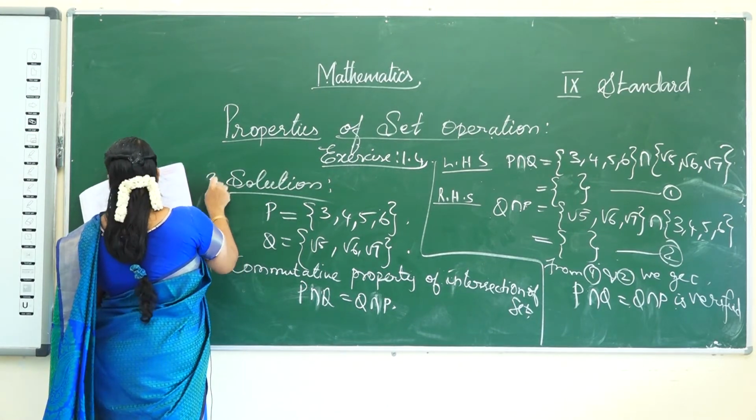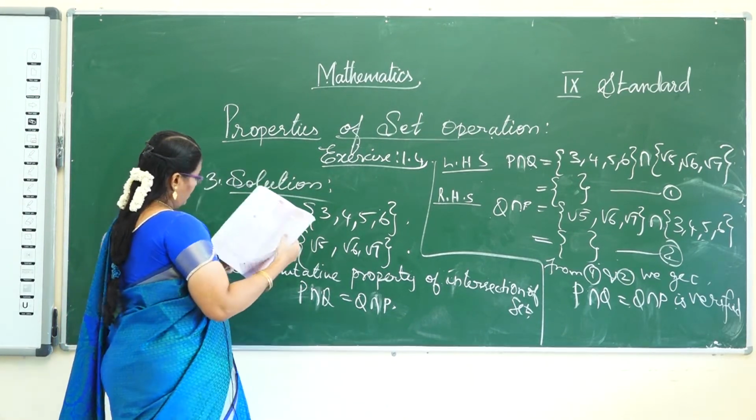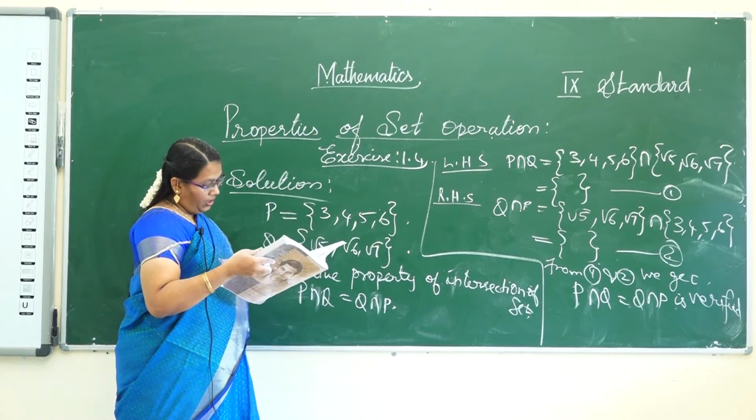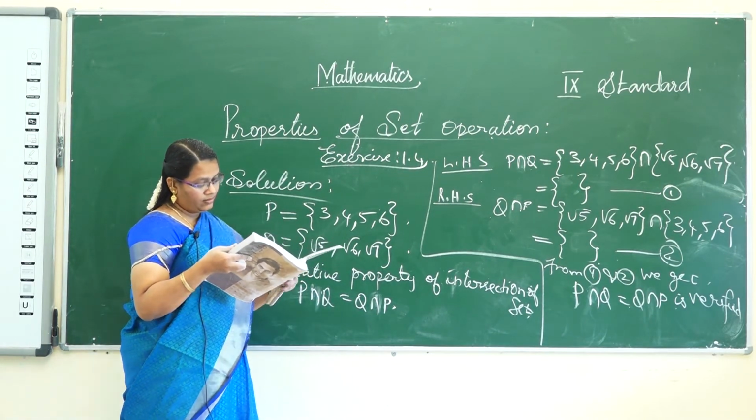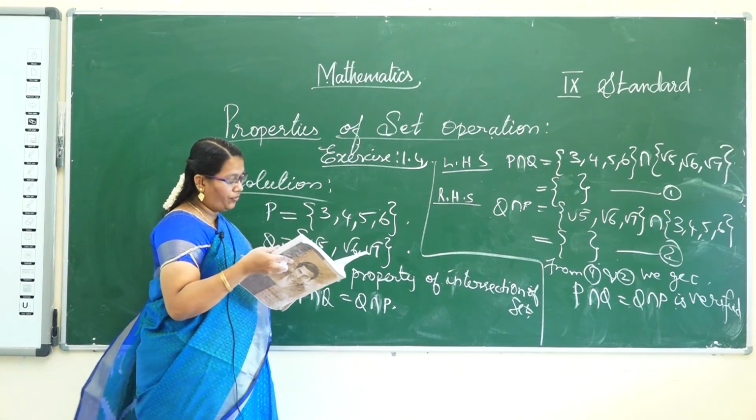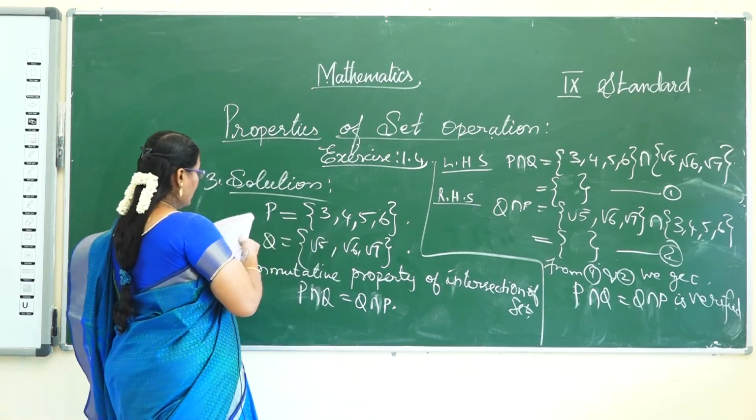Now see the third problem. If A is equal to P, Q, R, S, B and C are given, verify the associative property of union of sets. So three sets are given.